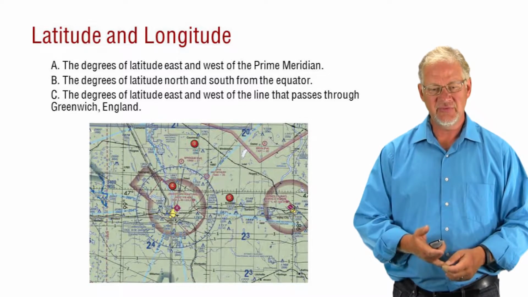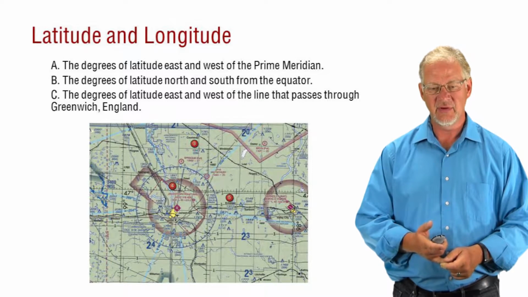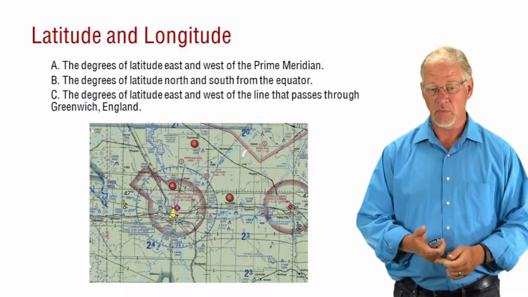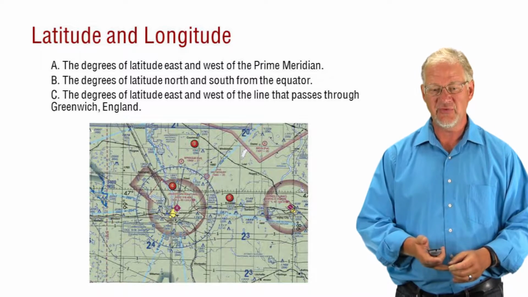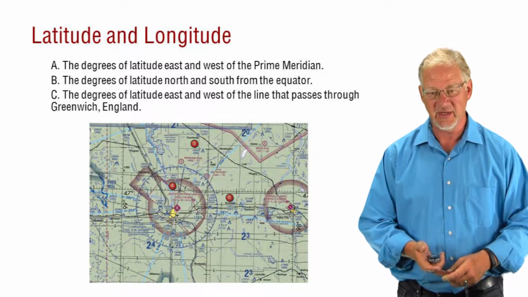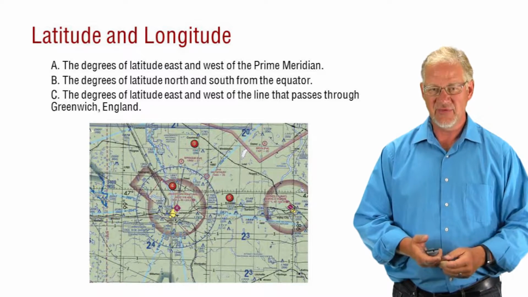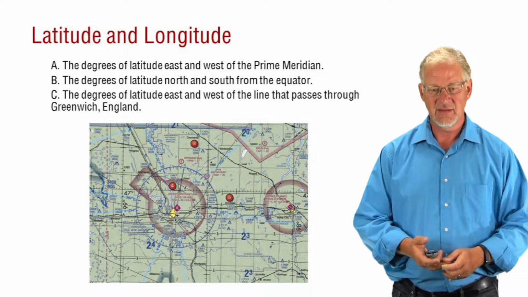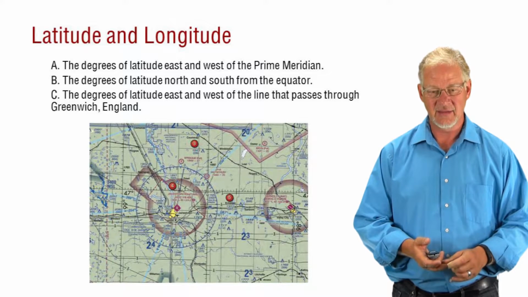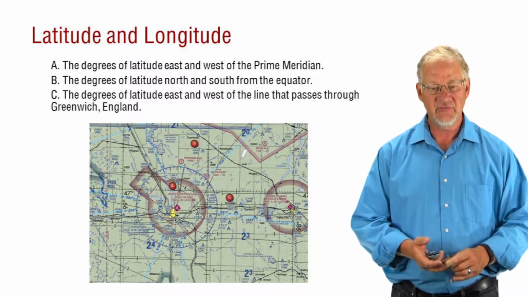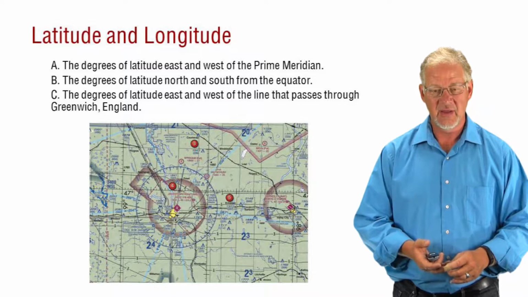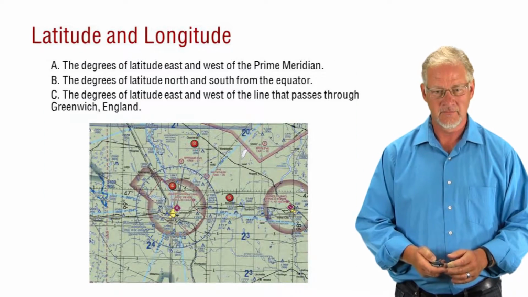B, or is it the degrees of latitude north and south from the equator? C, or the degrees of latitude east and west of the line that passes through Greenwich, England? For this one, you can rule out C and you can rule out A. The answer is degrees of latitude north and south from the equator.